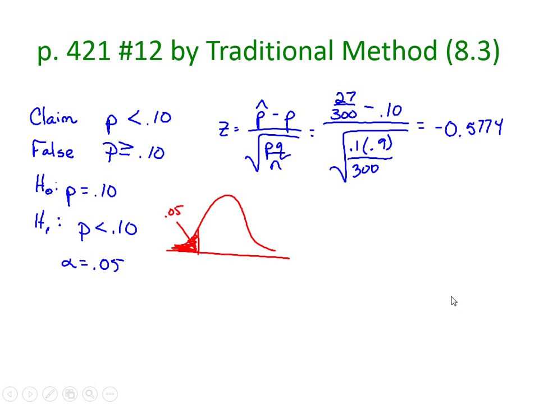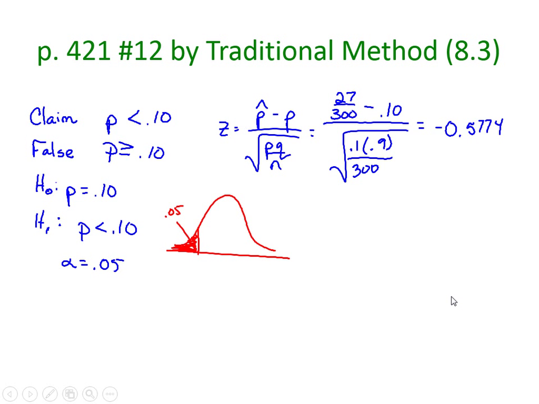What is the z-score that puts 5% to the left of that? From our tables, first of all, do I anticipate that this is a negative or a positive number? Okay, it's going to be negative because it's on the left side.